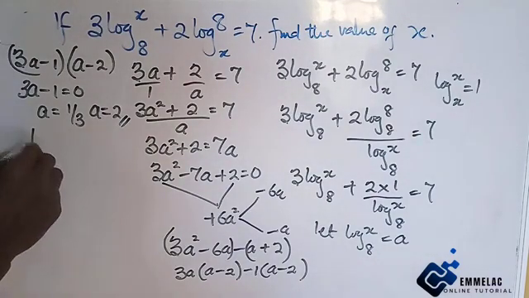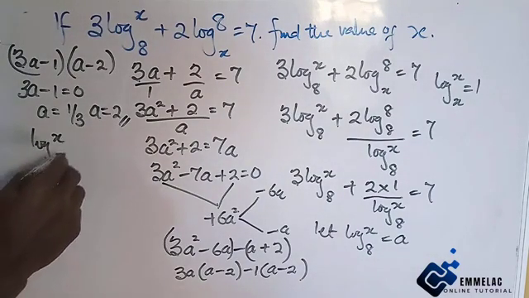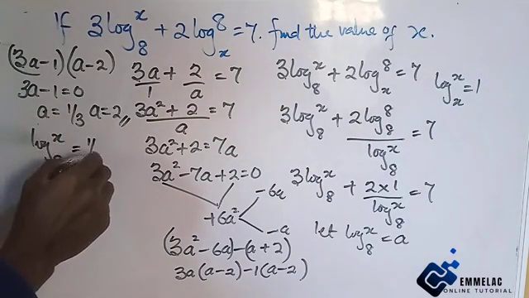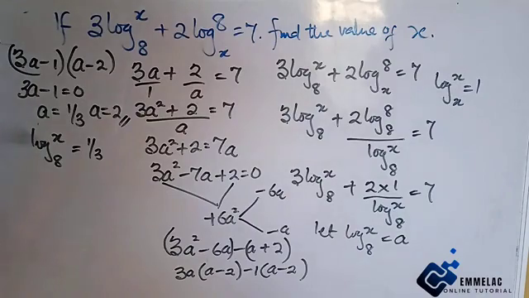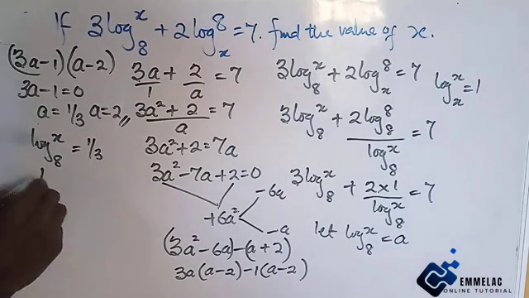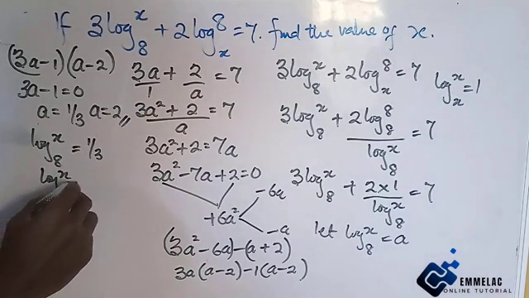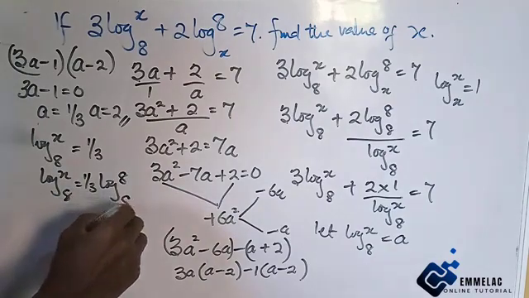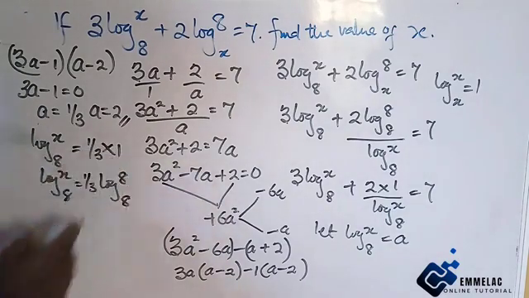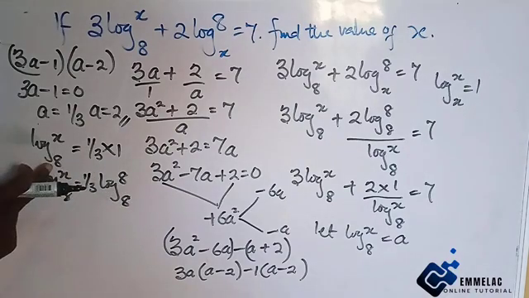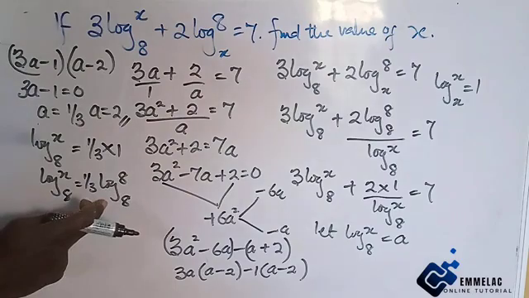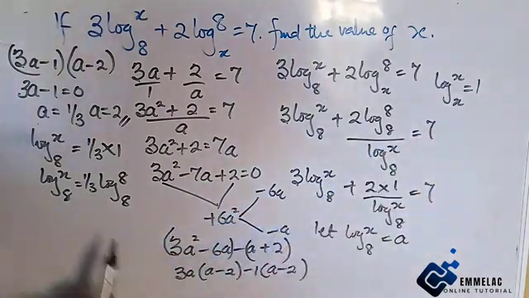So here we have that log x base 8 equals, our a here is now 1 over 3. This is the same thing as saying log x base 8 equals 1 over 3 log 8 base 8. Take note, this is times 1. And since we have a base of 8 here, we bring back this law down here.